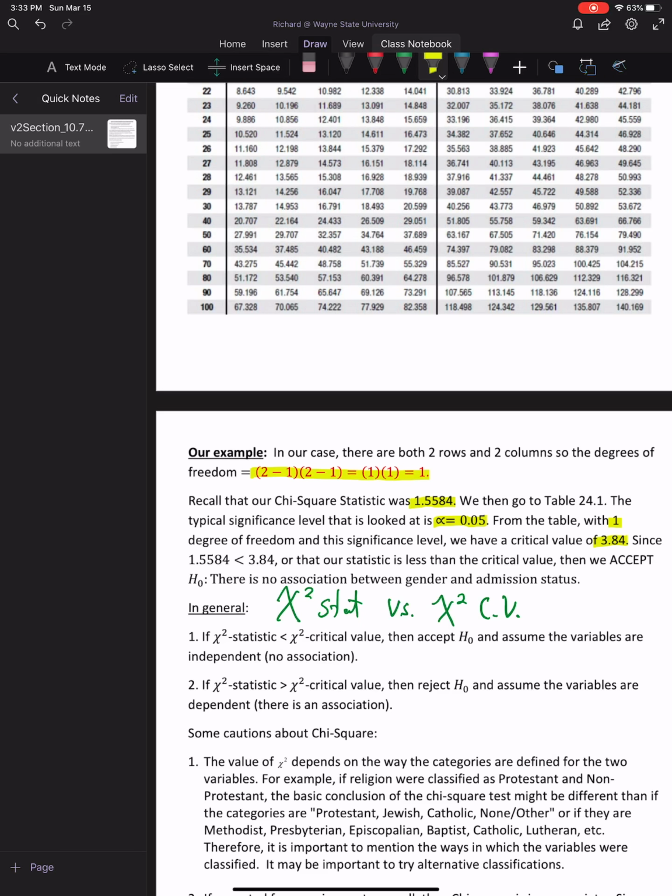In this case, since the statistic is less than the critical value, we accept the null. Put another way, we fail to reject the null. Those conditions we looked at before about the decisions back in section 10.6 are still the same. So that's nice, there's some consistency between those two sections.